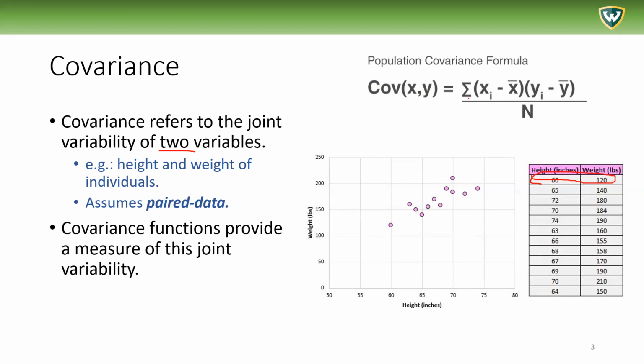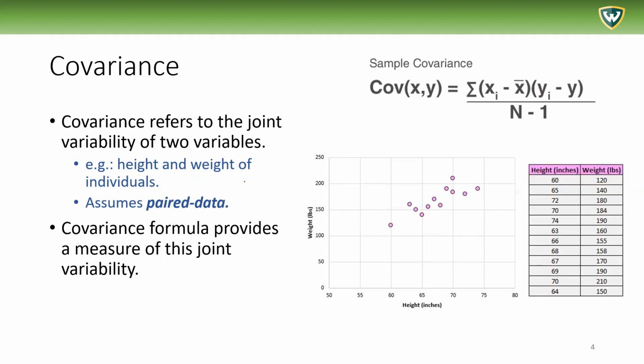It's the sum of the product of the differences between each data point and the mean of that one variable, so let's say the x variable, times the difference of each data point to the mean of that other variable. You sum those products and you divide by n, and you get this number that indicates covariance.